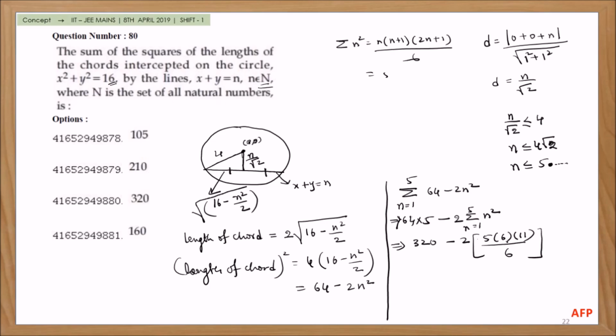The 6 will get cancelled, so we will write 320 minus 55 into 2, which is 110. So 210 is the answer here. Second option it follows.